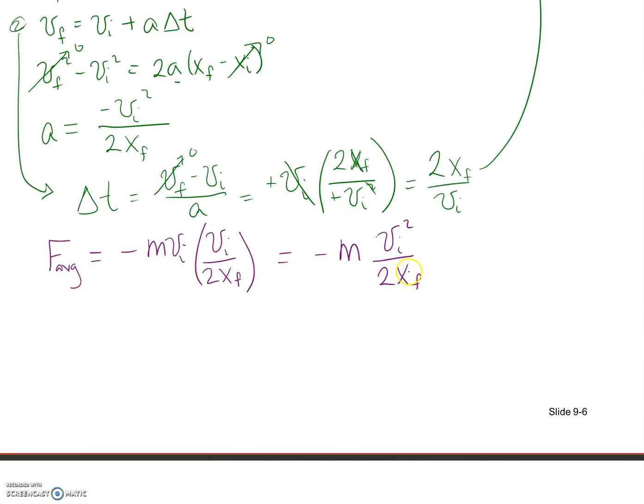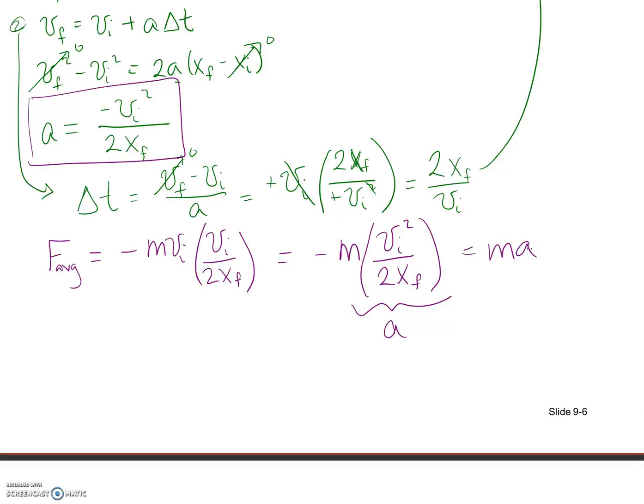One other thing that I'd like to point out is this quantity right here. What is that? If we include the negative sign, this is the acceleration, right? Here's our acceleration, negative v initial squared over 2 x final. So this is F is equal to ma, as we expected.